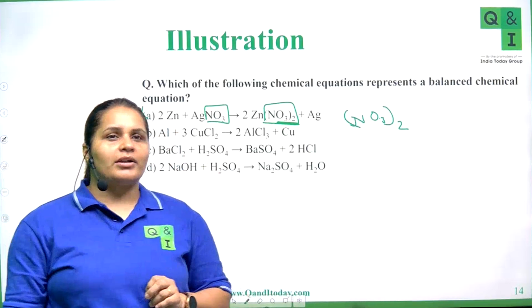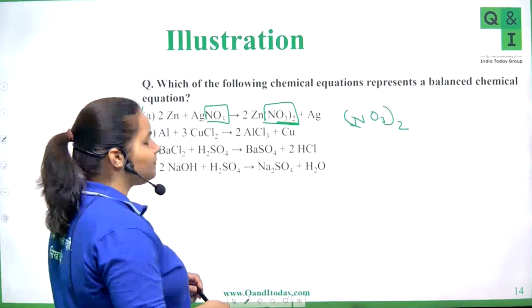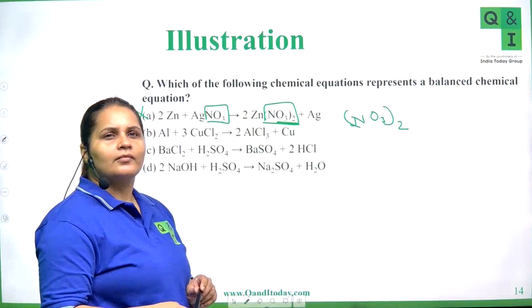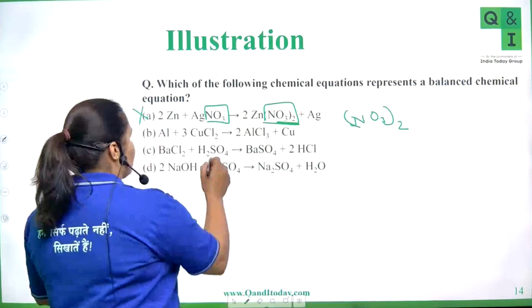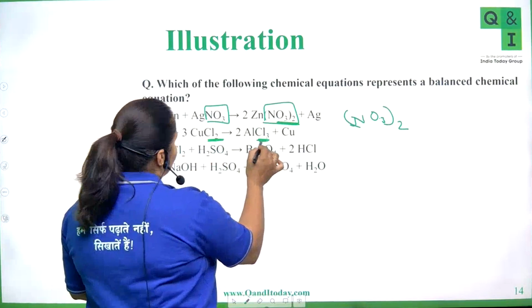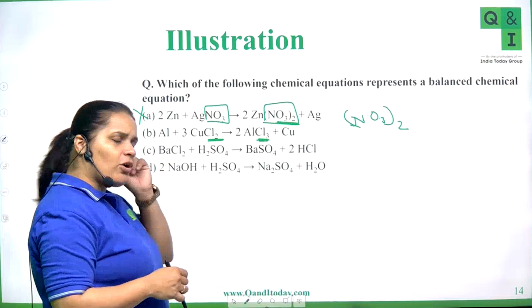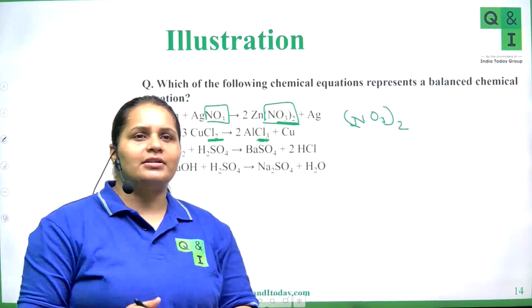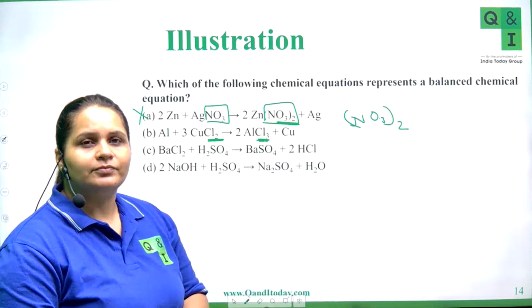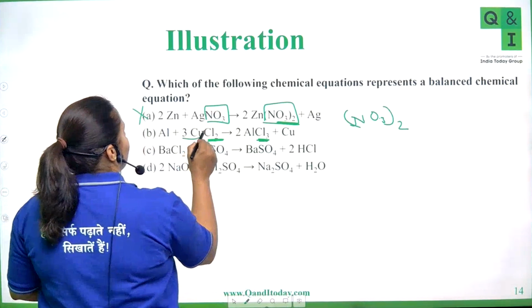Coming to the second one, which element is not balanced there? Chlorine. Copper. Chlorine is not balanced here. Copper, yeah, you can say so. Copper is also not balanced. So, Ragul, can you tell me how many copper atoms are there on the left hand side? 3, ma'am. 3 copper atoms.